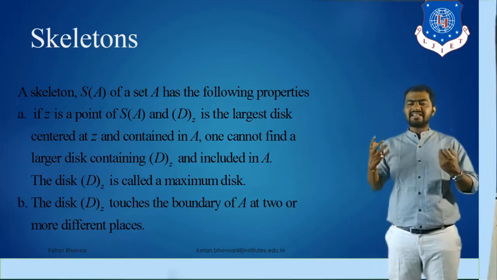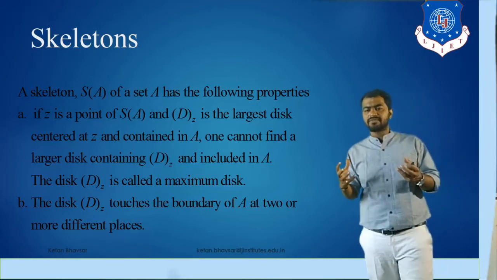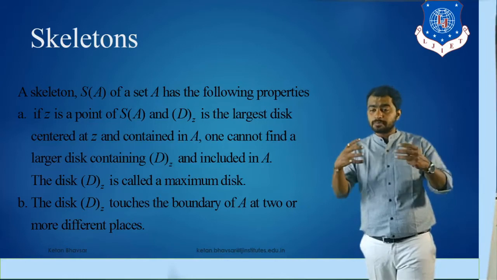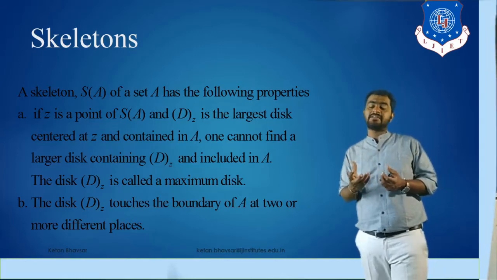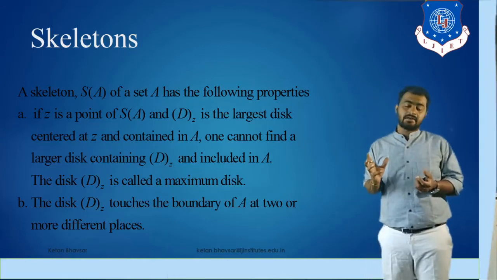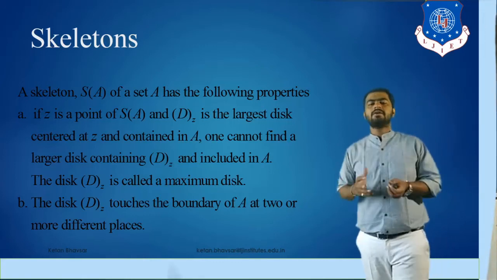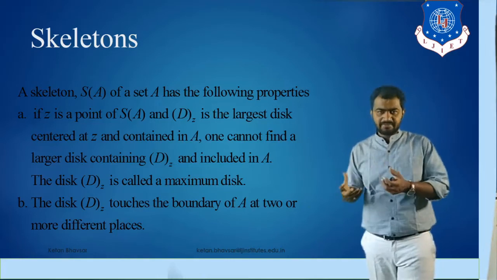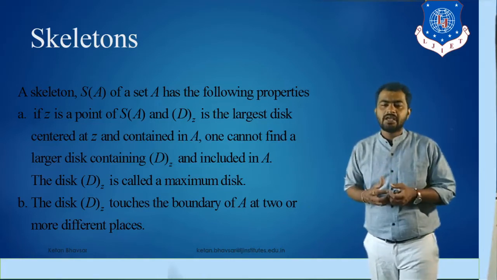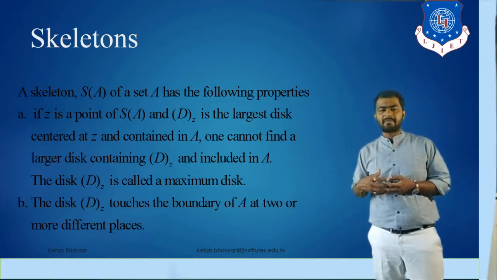Fine. So we can say that it's the internal portion of the image, the actual portion of the image, or the minimum pixels that represent huge data or information. That is called a skeleton in simple words. A skeleton S of a set A has the following properties, as you can see.